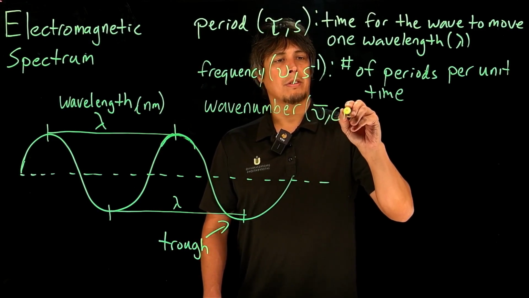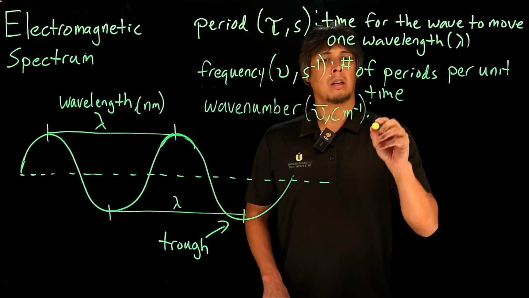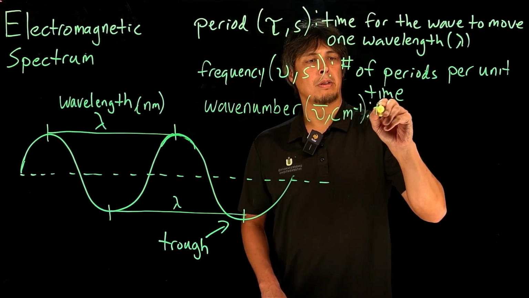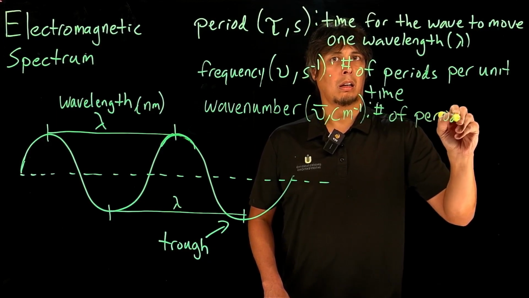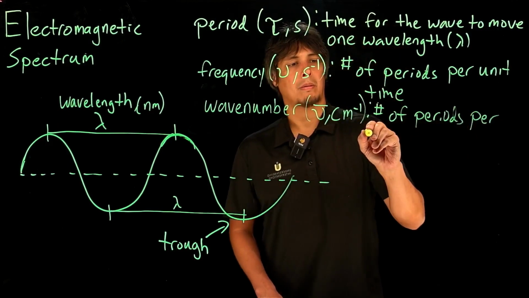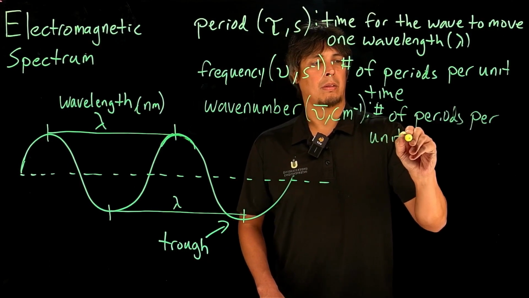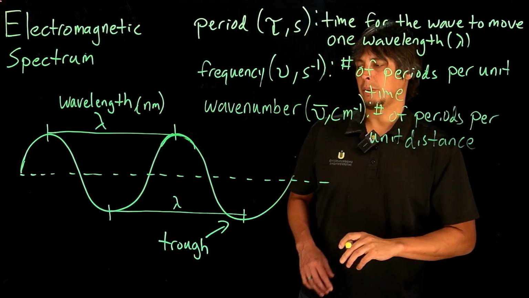This we'll often see in units of per centimeter. That's the number of periods per unit distance, instead of per unit time, okay?